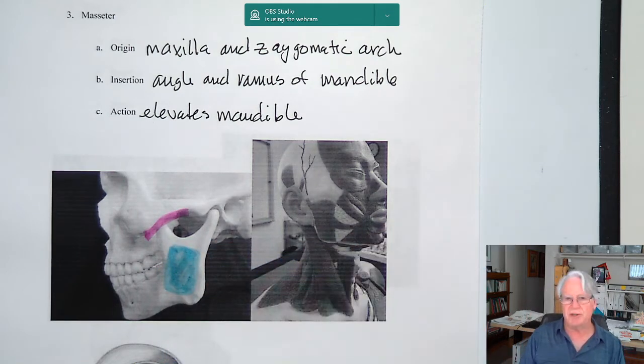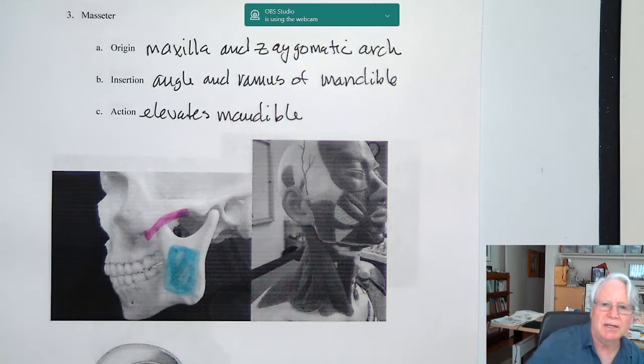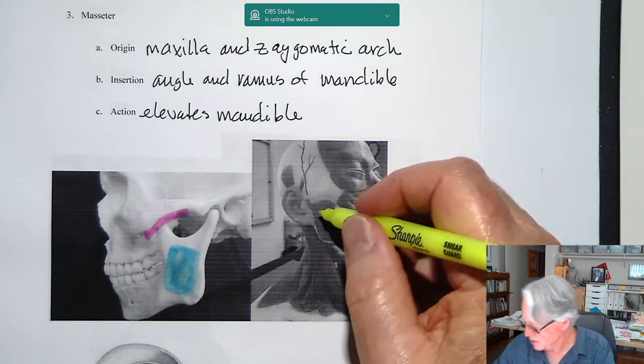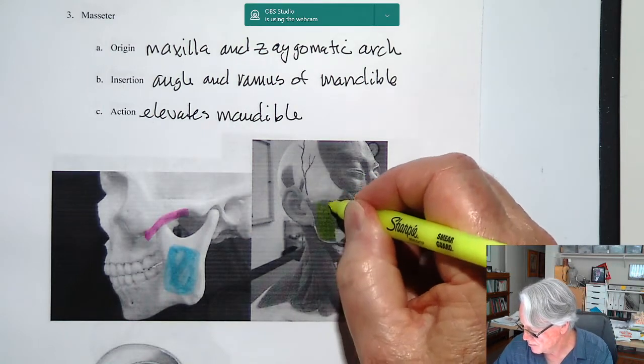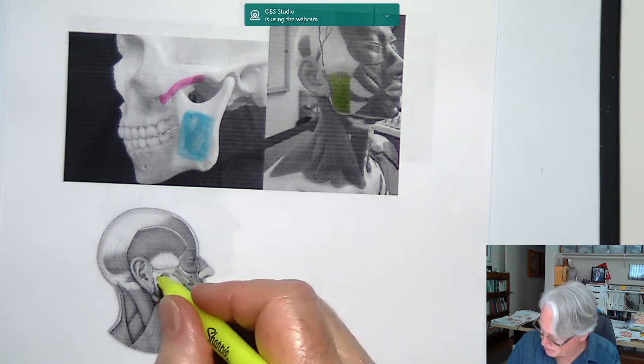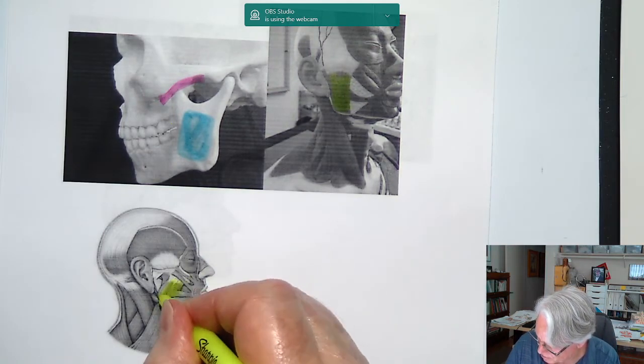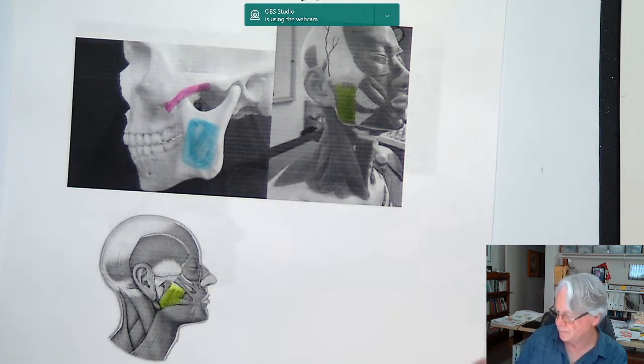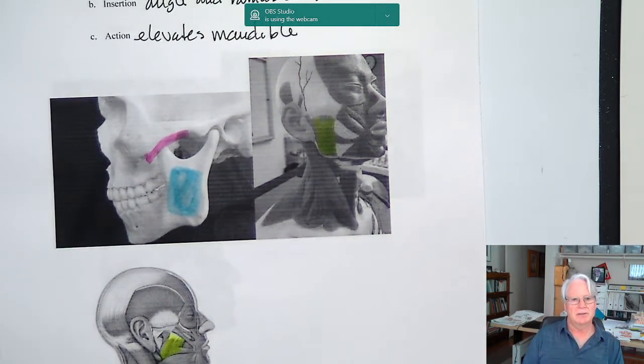So red for origin, blue for insertion. And on this model, we see it right here. And on this picture, we see it right there. So that is the masseter muscle.